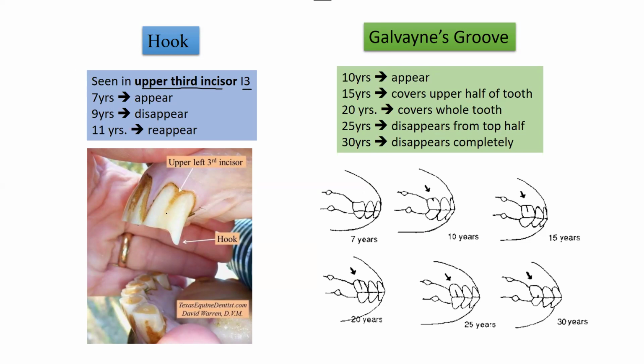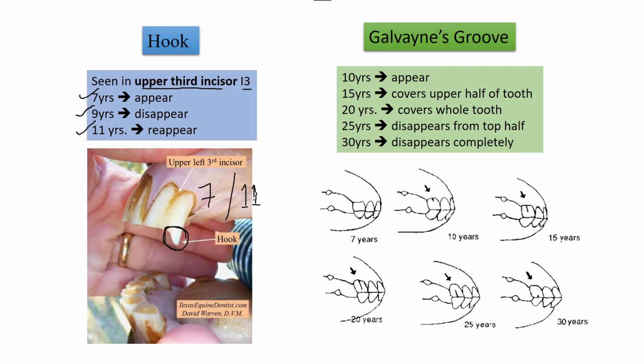So you can see this is I3 and this is hook. This hook will develop on the horse third incisor. It will appear at 7 years. It will disappear at 9 years and then reappear at 11 years. So if you see a hook, that means either the horse is 7 years or the horse is 11 years old.